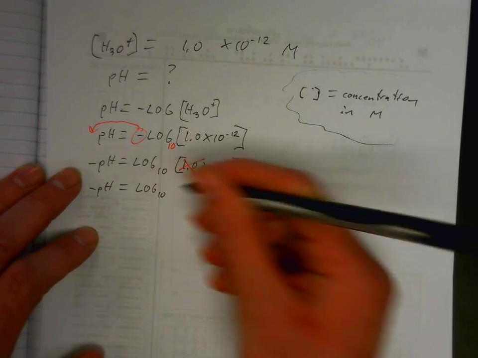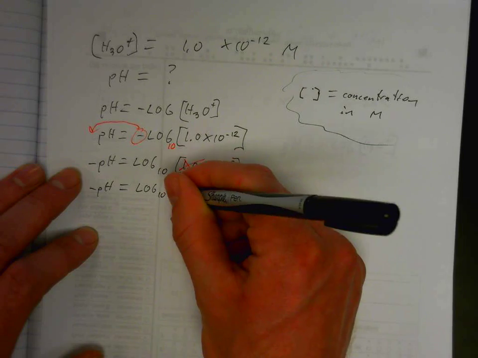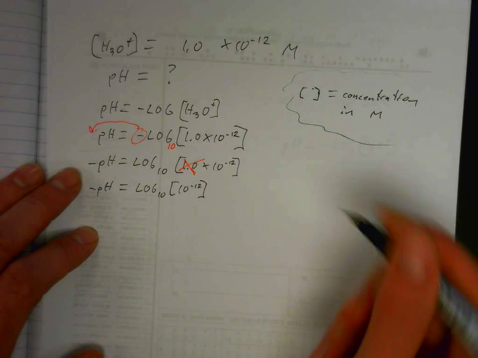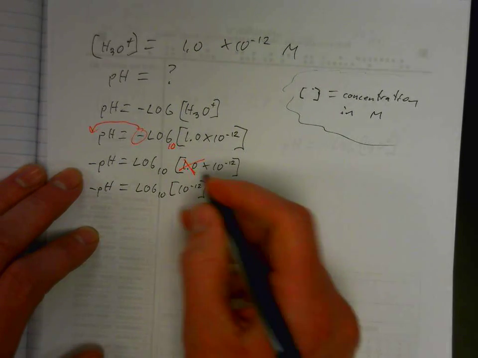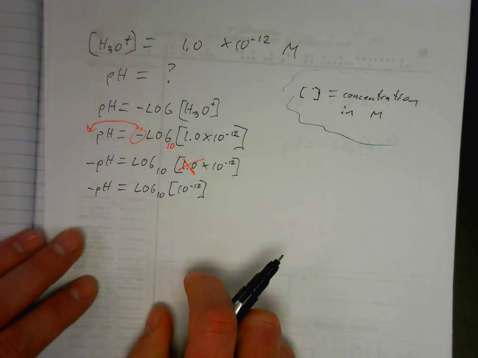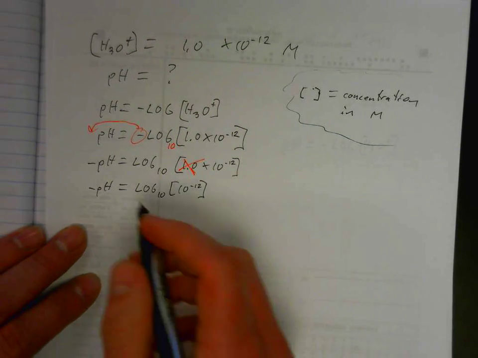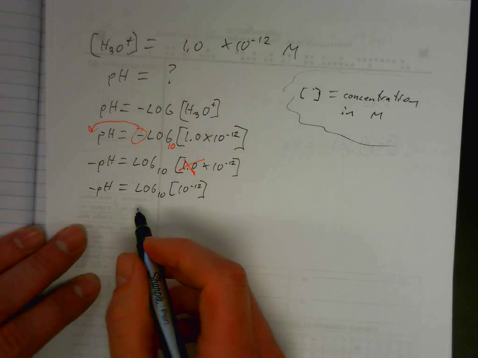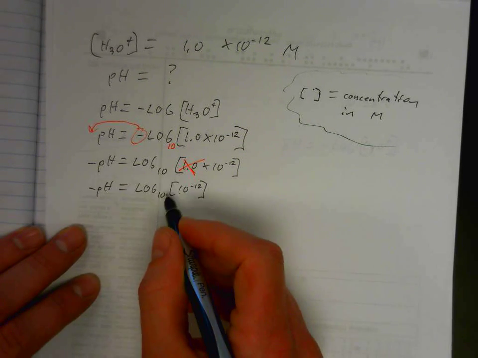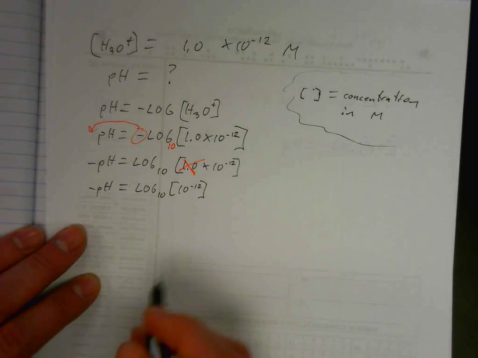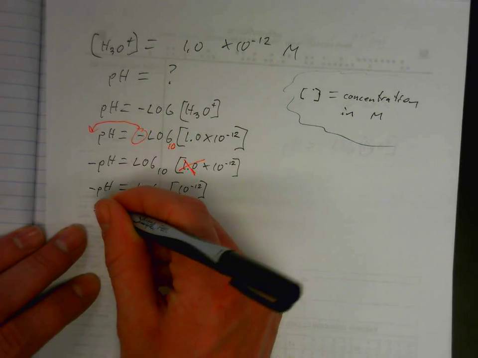That 1 doesn't do anything, we're just multiplying by 1. So this looks familiar. The negative pH is the power that 10 must be raised to get 10 to the negative 12.